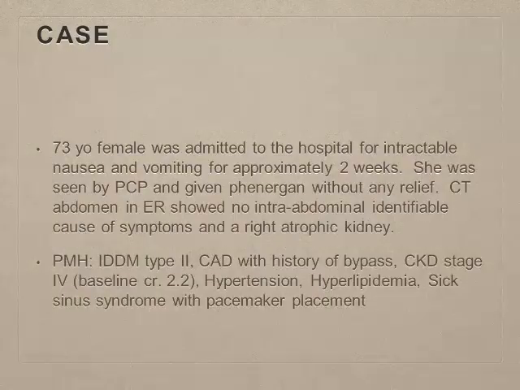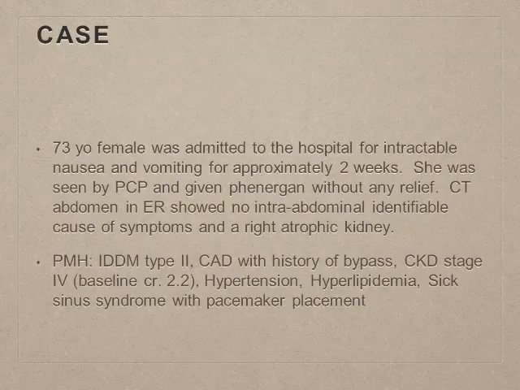The CT of her abdomen didn't show any acute intra-abdominal findings that could really explain her nausea and vomiting, but it was seen that she had a right atrophic kidney. Now, this was not something that was new. We knew that she had a right atrophic kidney, but she did come in short of breath, and she had edema, and she also had signs of acute kidney injury.